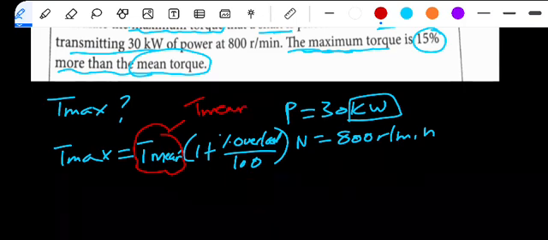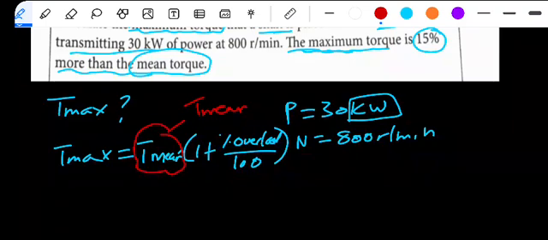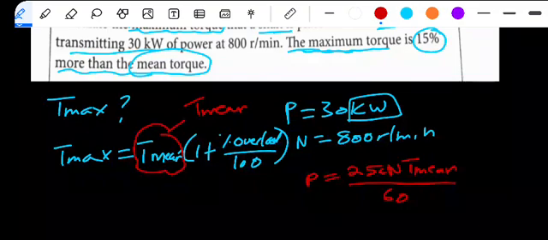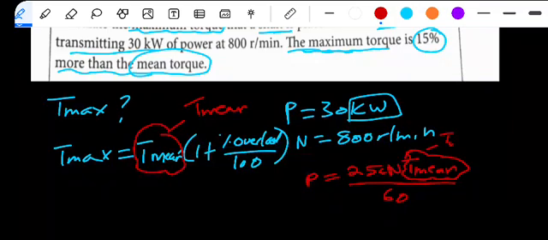But T mean, we said when you calculate the power, the power is 2 pi n T mean, that is not the maximum torque, divided by 60. So you also have T mean here. We don't want T mean, we actually want the maximum torque, but we are limited because we need T mean, and we are not given T mean in the question.